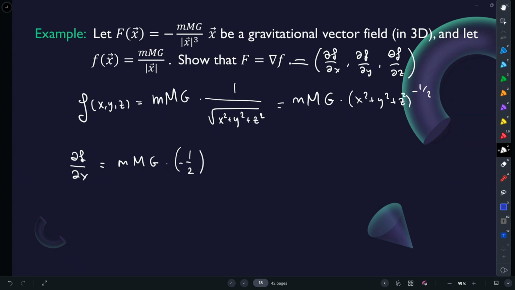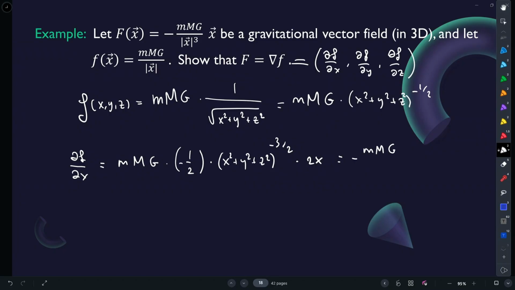mmg times minus 1/2 times x squared plus y squared plus z squared to the minus 3/2, and then times the derivative of the inside with respect to x, which is 2x. Okay, so what you get at the end of the day is minus mmg.